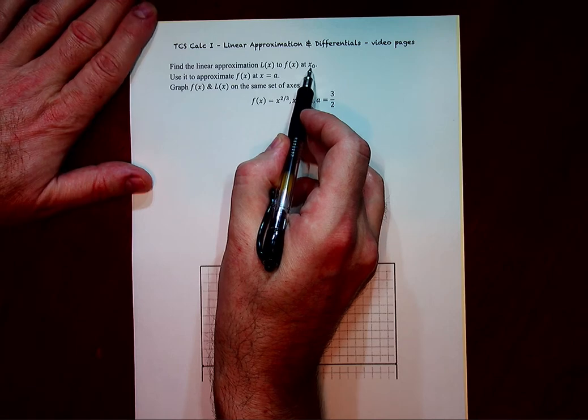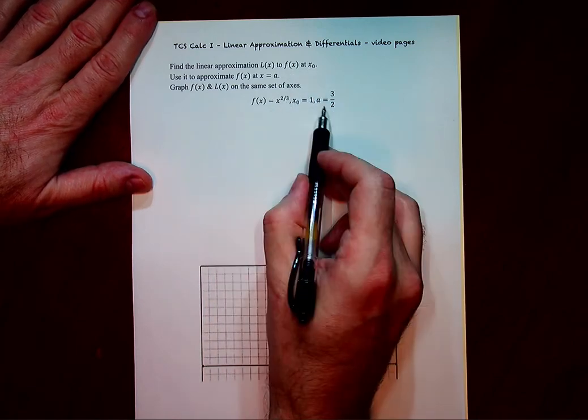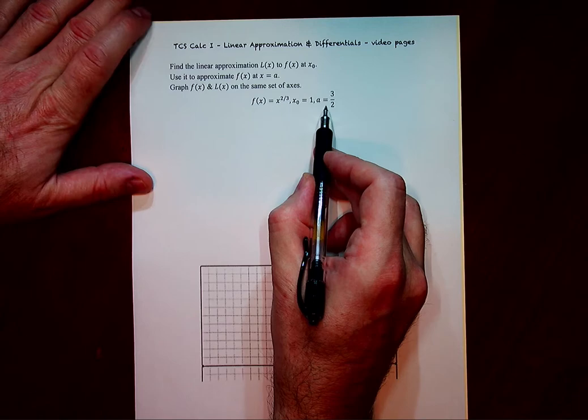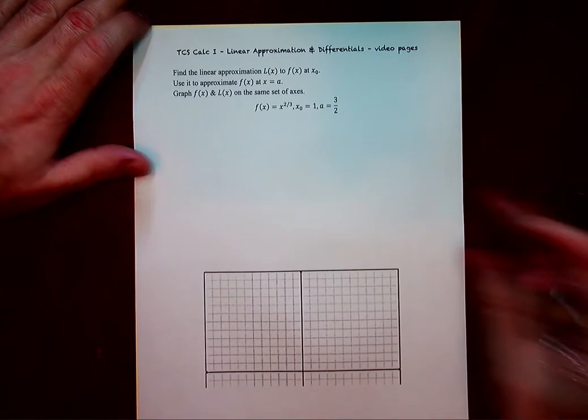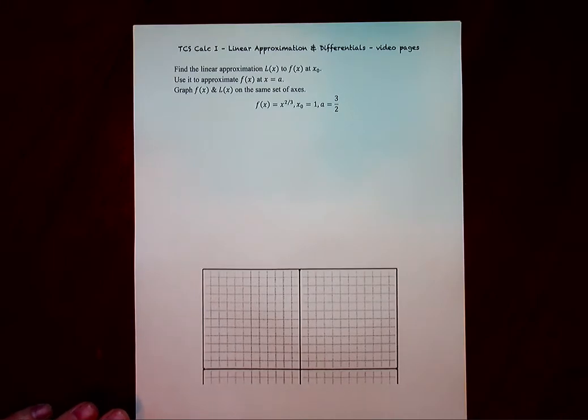Previously it was A, but here they're actually using A as the value that you're approximating. So again, you just have to be careful not to think so woodenly about A always meaning this, because in different books, according to different notational schemes, it can mean something different. Here they're using x naught for the point of tangency. In our book, the Stewart book, they use A for that.